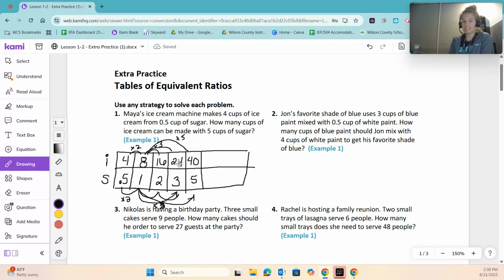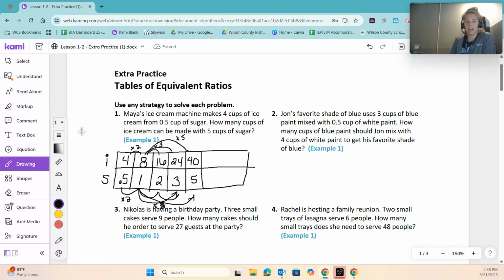So making this table allows us to figure out, and we call it scaling up because we're multiplying to find bigger numbers in order to find our solution. I also want you to recognize that these are equivalent ratios.